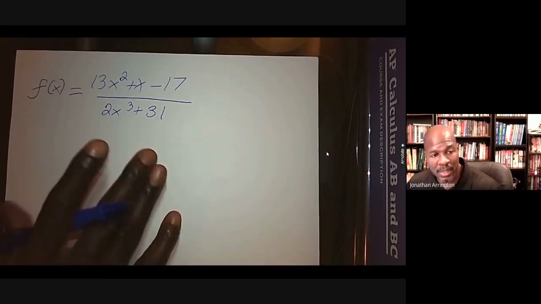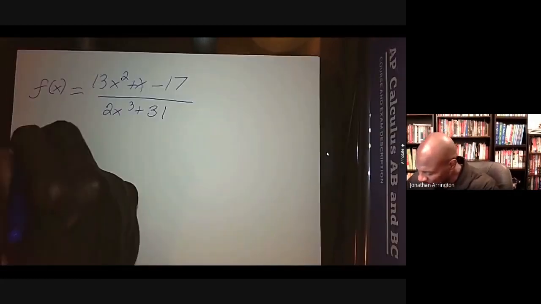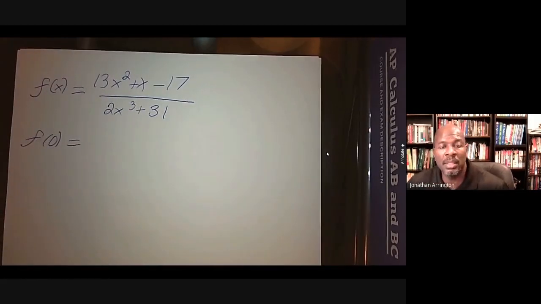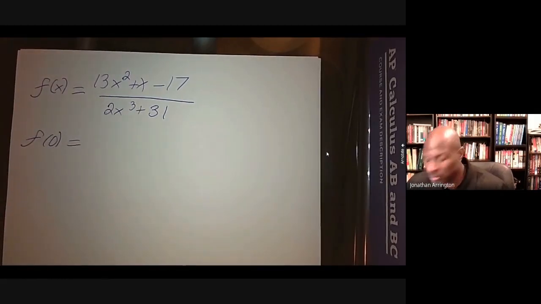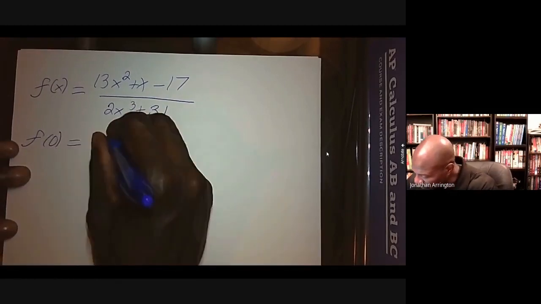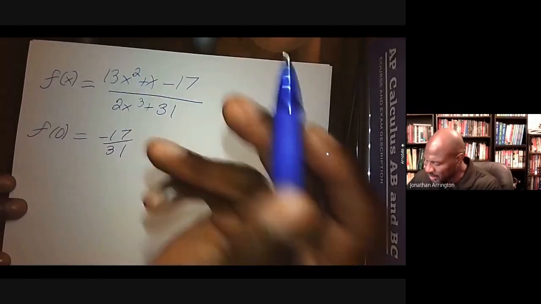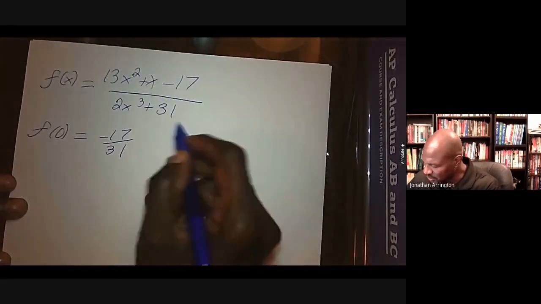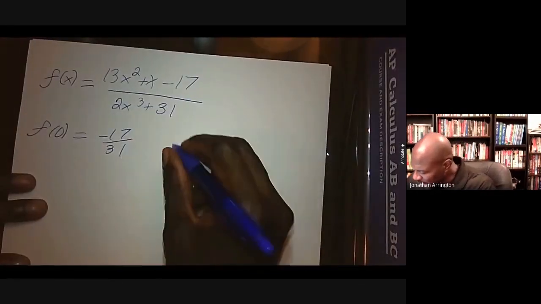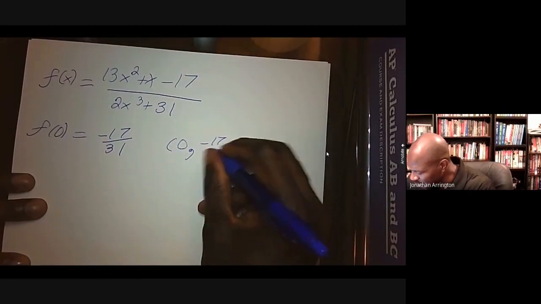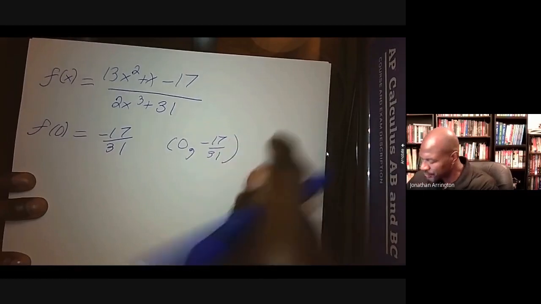That's all we're doing. To find the y-intercept, we're just going to find f of 0. So what do you get when you plug in 0 for x? Hopefully you got the same thing I got, which is negative 17 over 31. Because again, everything with an x on it is going to turn to 0, so you're just left with negative 17 over 31. So the y-intercept as a coordinate, of course, is 0, comma, negative 17 over 31.